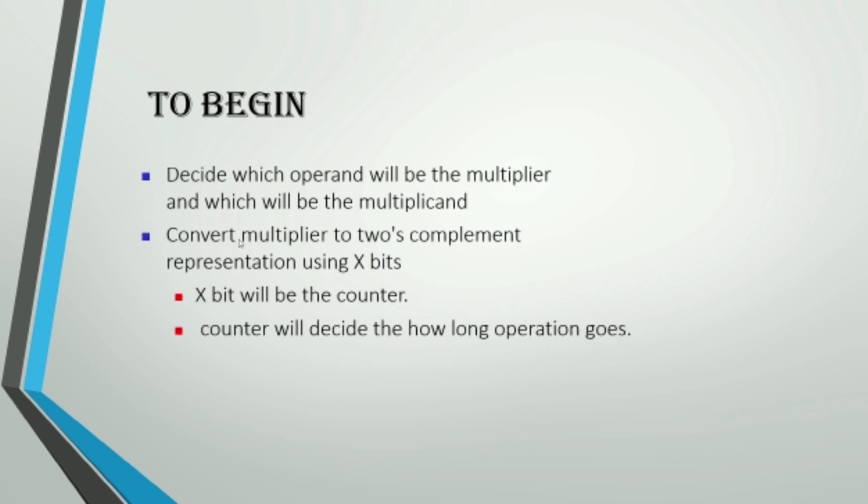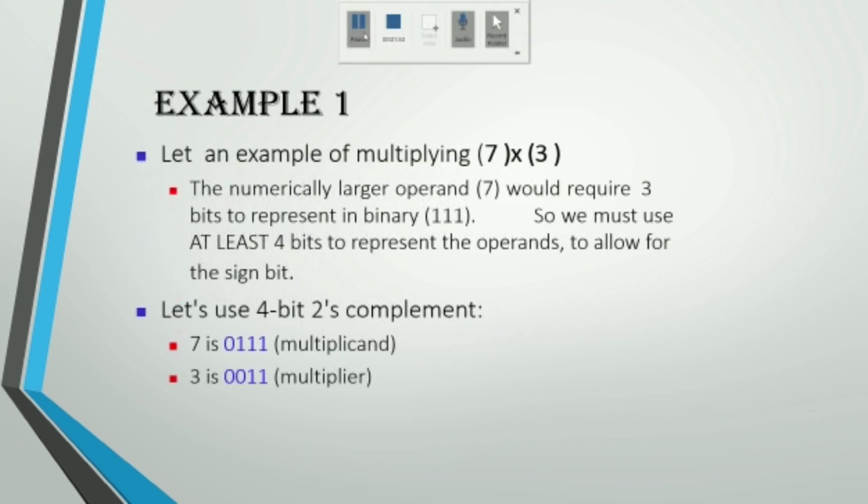In general, the value of the x bit should be chosen to accommodate the size of the largest operand being multiplied and to allow for the sign bit when using 2's complement representation. So now let's take an example of 7 and 3.